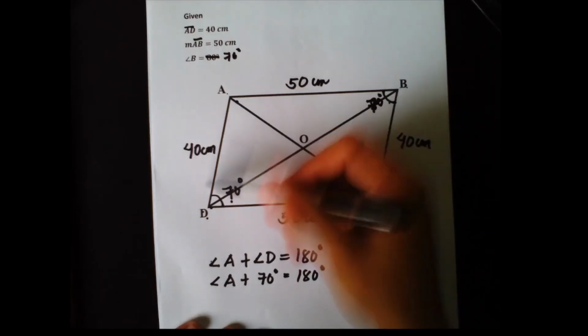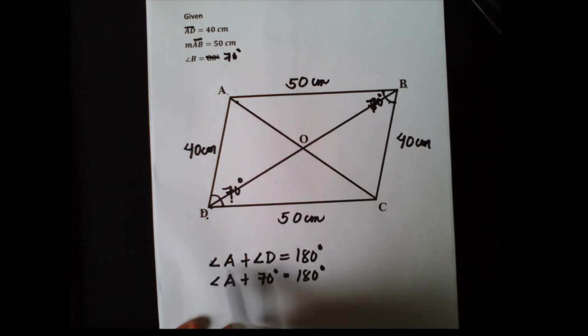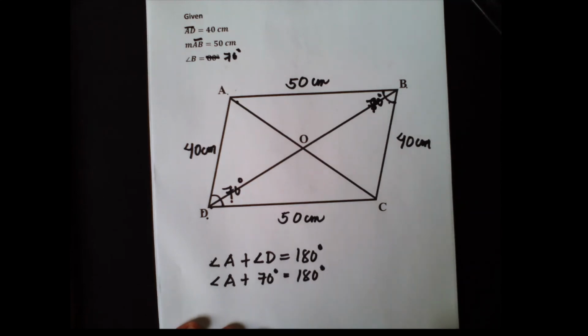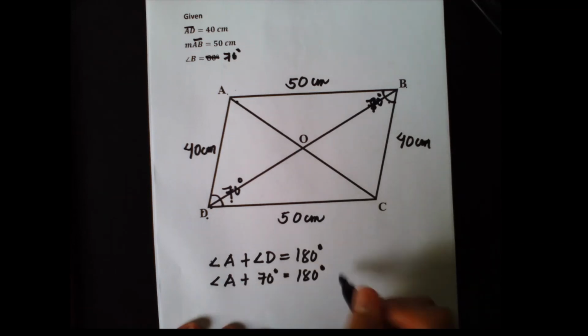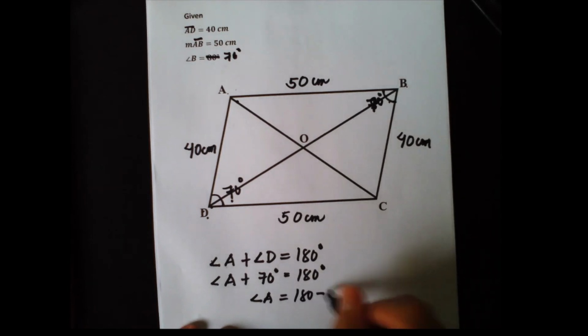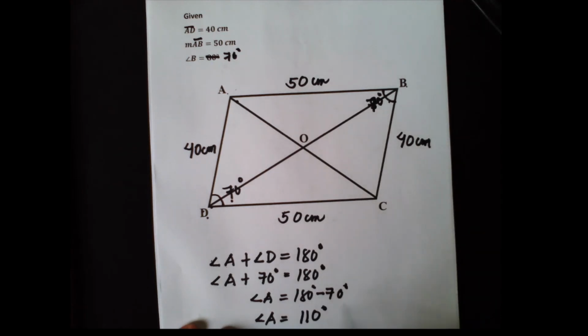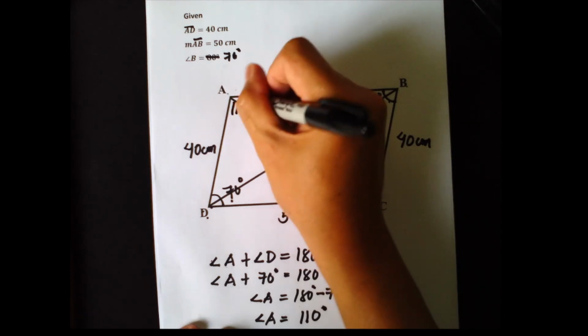Because we all know that it is supplementary, so if we add the two angles, they have a measurement of 180 degrees. We transfer 70 to the other side, so angle A is equal to 180 minus 70 degrees. Then angle A is equal to 110 degrees. So 180 minus 70 is 110 degrees.